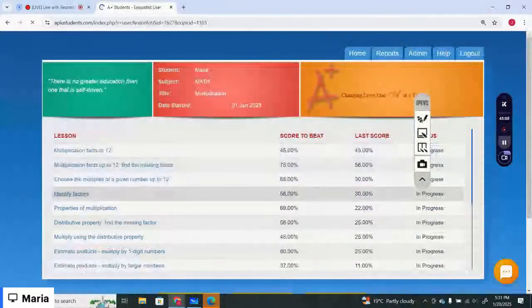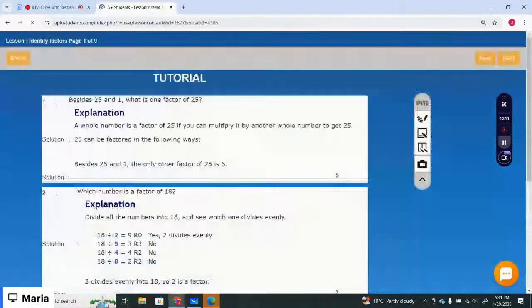That is identify factors. Besides 25 and 1, which is one of the factors of 25?